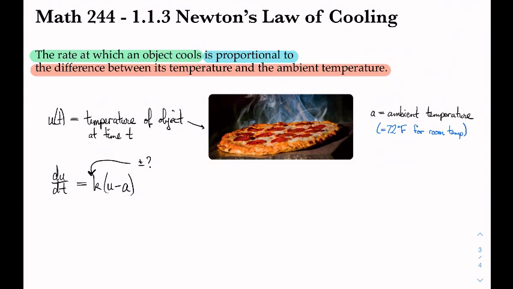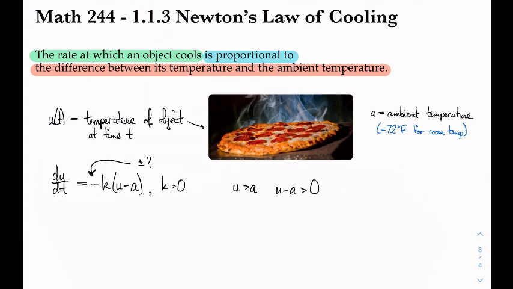Okay, so I hope you came to the conclusion that, if K is going to be a positive number, we need to have a minus sign right here. In other words, if the temperature of the object is greater than the ambient temperature, then U minus A is going to be positive.